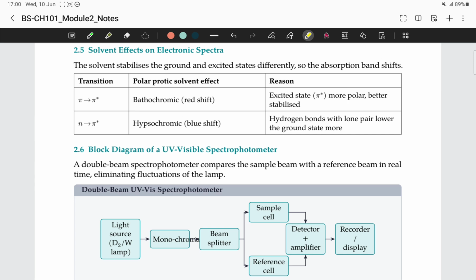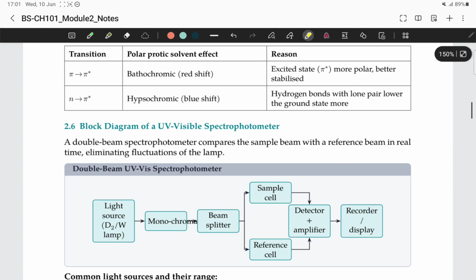Now what is there inside the instrument? Our instrument is a double beam spectrophotometer. Okay, let's look at the diagram. In a modern lab, we have this double beam spectrophotometer. Instead of running your sample and blank solvent separately, a beam splitter is used, and the beam goes through the sample cell and reference cell simultaneously and separately in two parallel pathways.